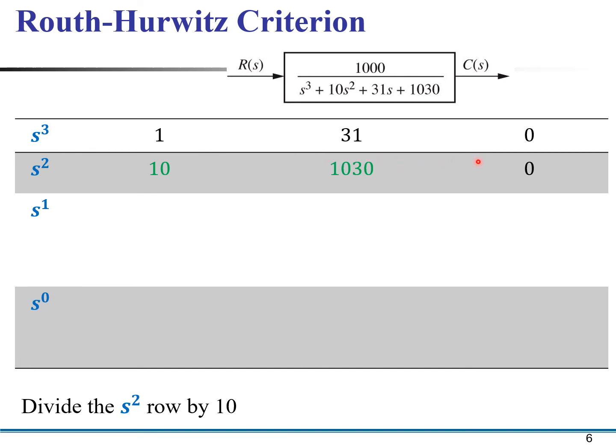In the same way we can write like this. Here we should note that the first row is divisible by 10. To simplify the calculations, it is better to divide both of these elements by 10. So here it will be 1, and then here we cut this and it will be 103.